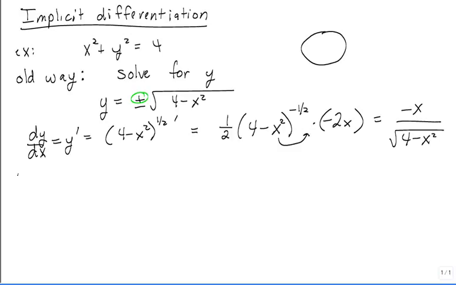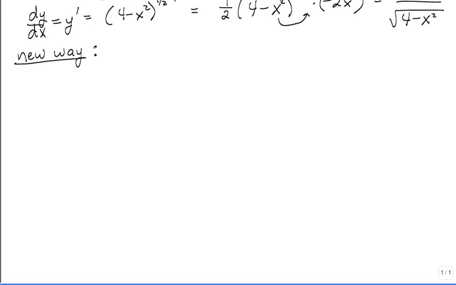Okay, now, implicitly means that y is still a function of x, but the problem is that it's mixed up with the x's. So when we take the derivative of x, x is independent, so we just have dx dx, we're taking it with respect to x, and that's going to be 1 just like normal.